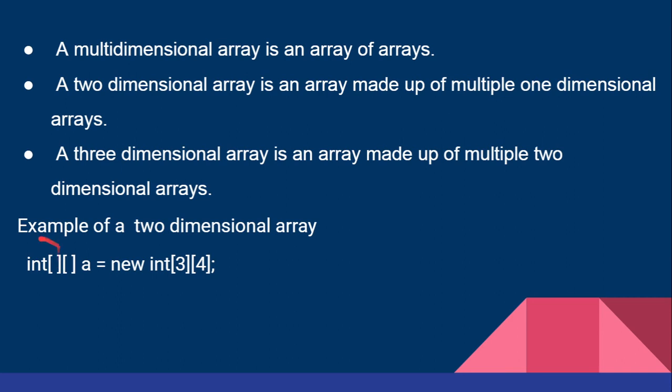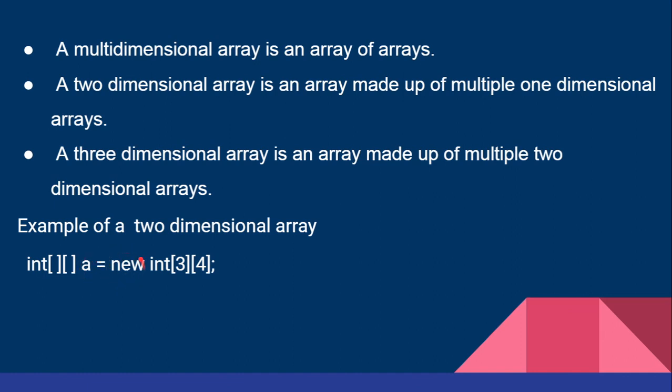For example, given here is int, and here double brackets are given. Earlier we saw only a single set of brackets. Here two sets of brackets are given to say it is a two-dimensional array. This is a row and this is a column. So this is of integer type. Int two brackets, and a is the name of the array, equal to new.